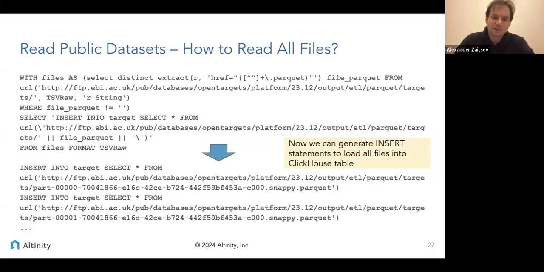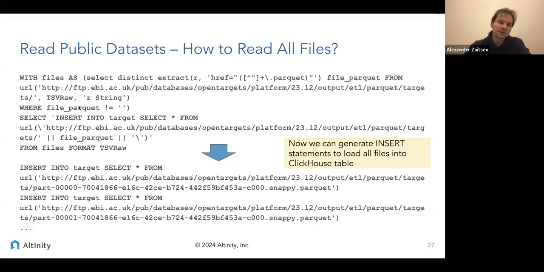Next is a little bit hardcore-ish, I would say. We have several ways to handle this data. One of the possibilities is to generate a lot of insert statements. For every file on this page, we can generate a separate insert statement and just run it. So we will run 200 statements, and it will populate the table in ClickHouse with the data from those Parquet files. So this is an example of how we could do it.